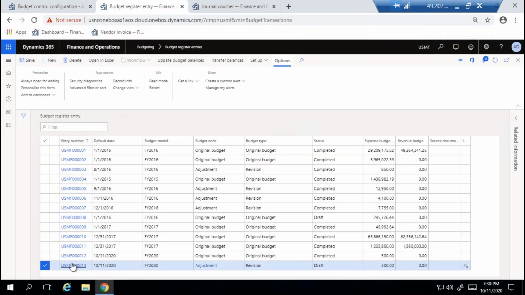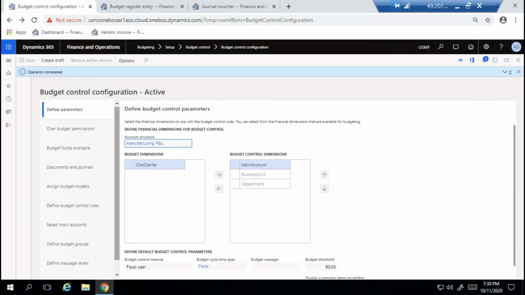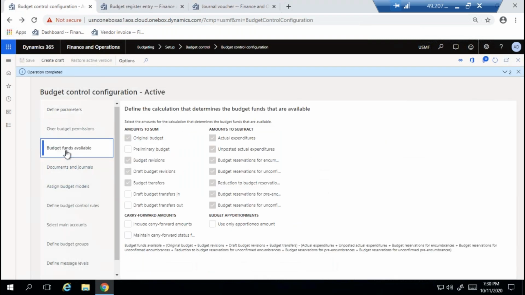Now I'm coming to this budget revision funds. Suppose I'm modifying it to 250 and I will modify it to 300 once again. Just updating. Now 300 I have entered. So in the configuration I have enabled original budget plus revision budget plus draft budget also.